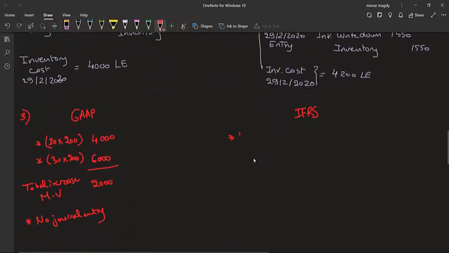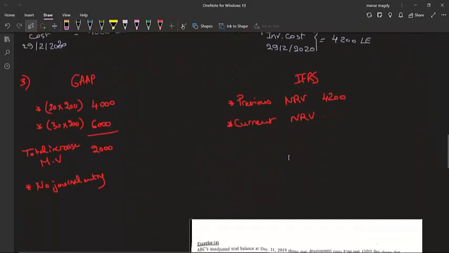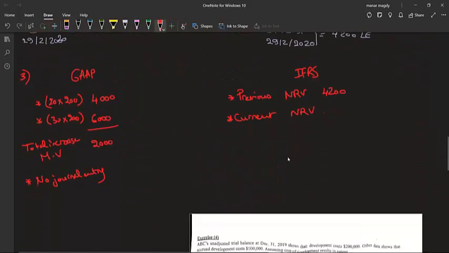The previous net realizable value was 4,200 and the current net realizable value equals 5,000. So the total increase equals 800.